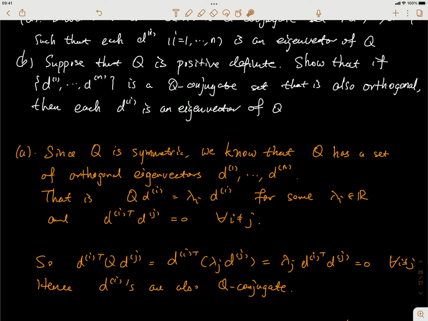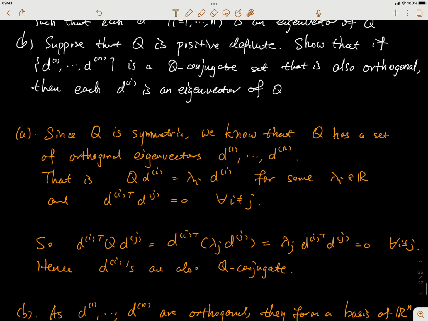But since di and dj are orthogonal to each other, as two different columns of the same orthogonal matrix U, this is equal to 0. This proves that the di's are Q-orthogonal, and since this is true for any i not equal to j, the di's are Q-conjugate. So that's part A.